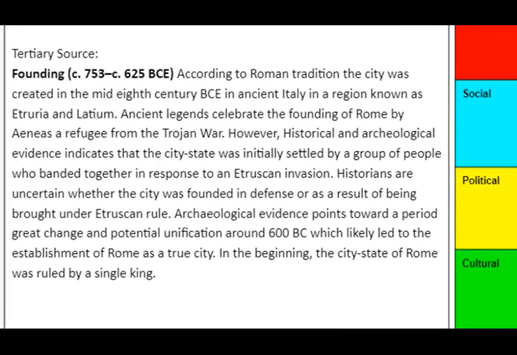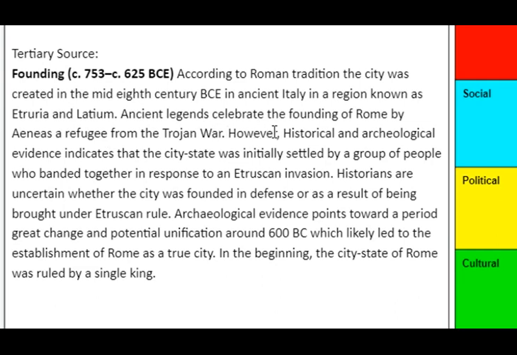Founding, 753 to 625 before Common Era. According to Roman tradition, the city was created in the mid-8th century before Common Era, that's BCE, in ancient Italy in a region known as Etruria and Latium. Ancient legends celebrate the founding of Rome by Aeneas, a refugee from the Trojan War.